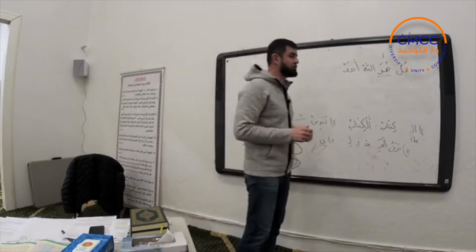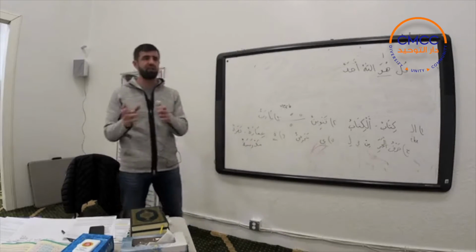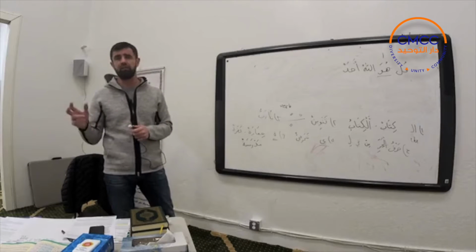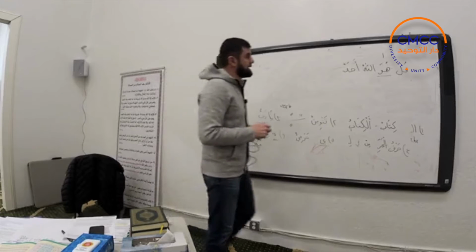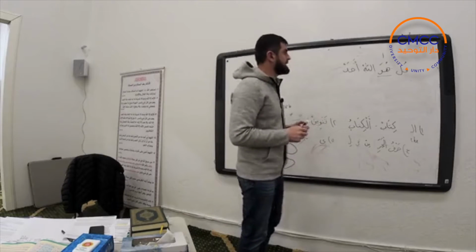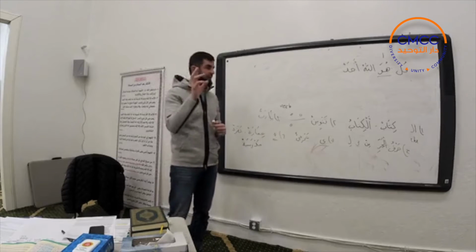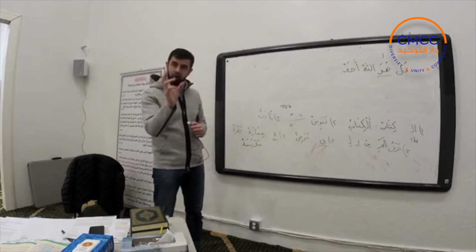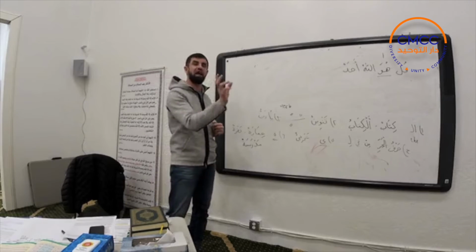So as I mentioned, al in Arabic language is a definite article. It's one of the signs of al-ism. So basically, you can put it in front of al-ism, which is a noun. You can put it in front of a noun, and also you can put it in front of the adjective.